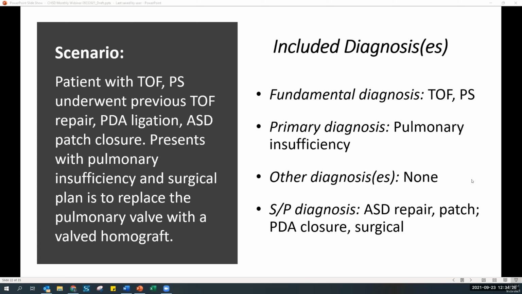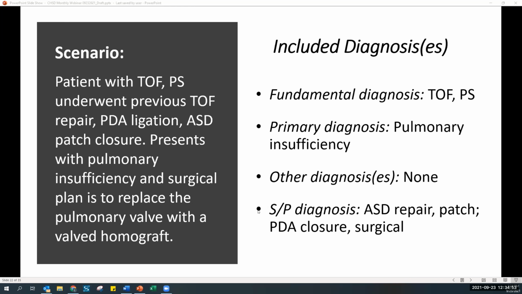And I would think, well, why didn't we repair that ASD or that PDA? And so I like to keep mine, I don't want to say clean because I don't think it's dirty if you don't, but I like to keep it cleaner so that I can exactly see what is an ongoing problem today with my patient, or perhaps what is still a defect that is going to be unrepaired. That's fine. And I can keep anything that's been repaired under the status post diagnoses.